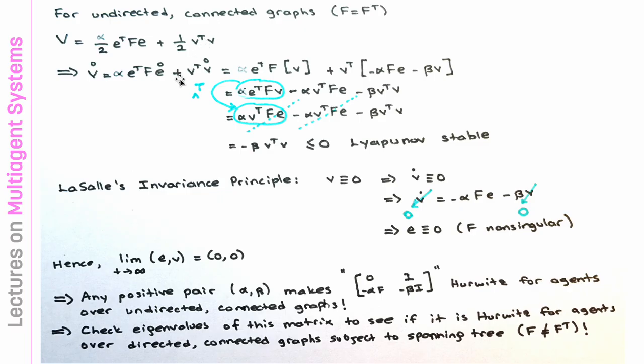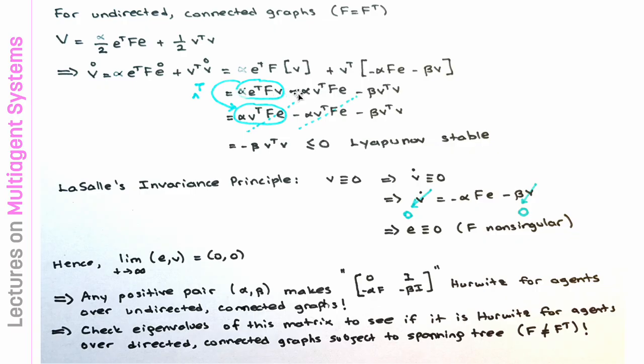I have this Lyapunov function composed of two terms. They are radially unbounded. When the error and v are 0, this is 0, and this is positive definite. So this is a proper Lyapunov function. I take the derivative, V dot. I obtain alpha e transpose F e dot plus v transpose v dot. I have alpha here multiplied by, I'm injecting the e dot, v dot dynamics here inside the brackets.